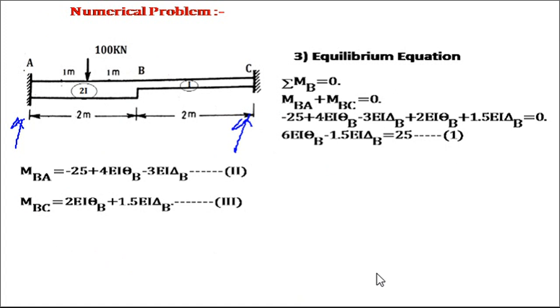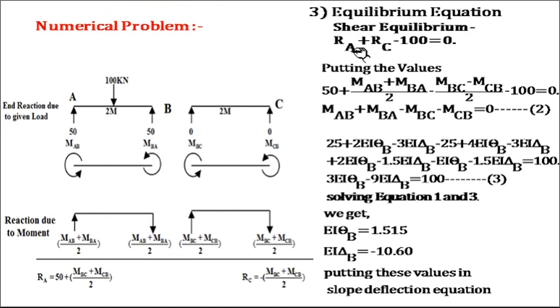So the shear equilibrium is RA plus RC, both acting upward, and this 100 kilonewton acting downward, so minus. Here you have to find out the value of RA and RC.